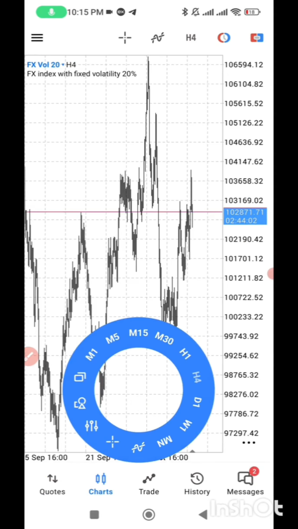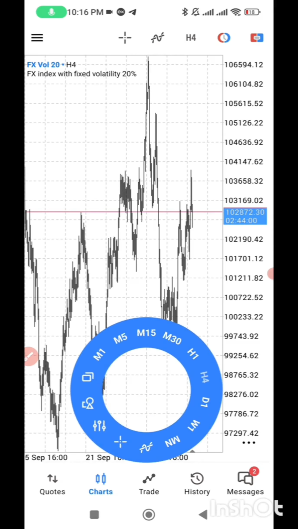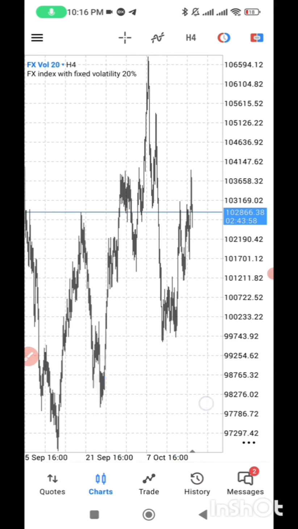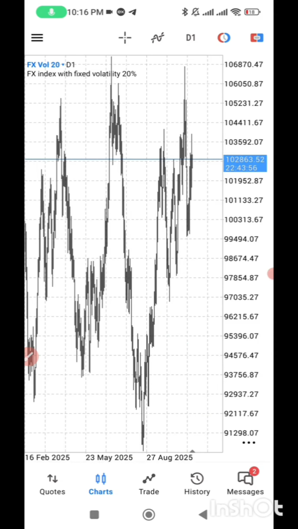Now we are going to consider this on the daily time frame, because the daily time frame actually measures the pair activities in the market better than the lower time frames.